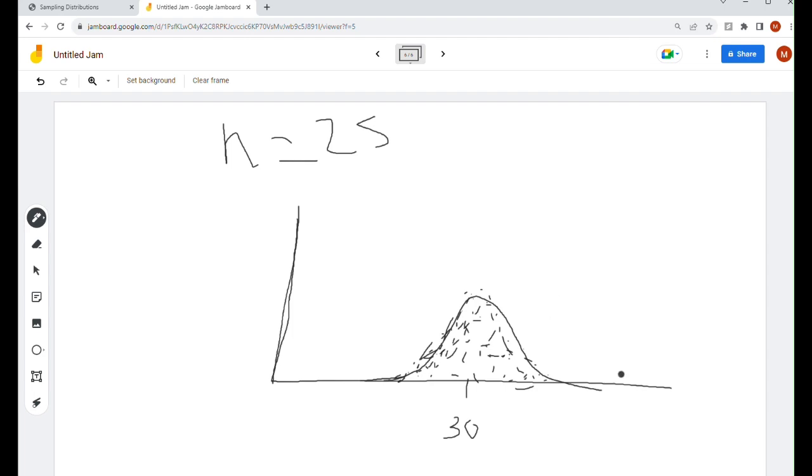It might not be symmetrical. The population distribution doesn't have to be symmetrical. It might look something like this, right? But the sampling distribution, this is what the central limit theorem tells us, is always going to be normally distributed with a sample size that's large enough. So as the sample size gets larger, our sampling distribution is going to be less varied, and it's going to be more of an approximation to the normal distribution.